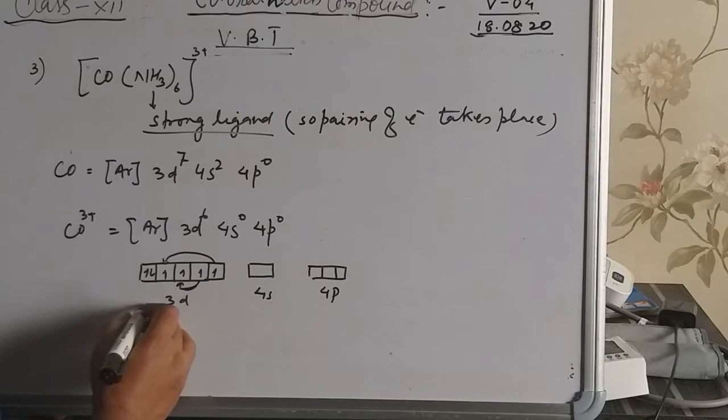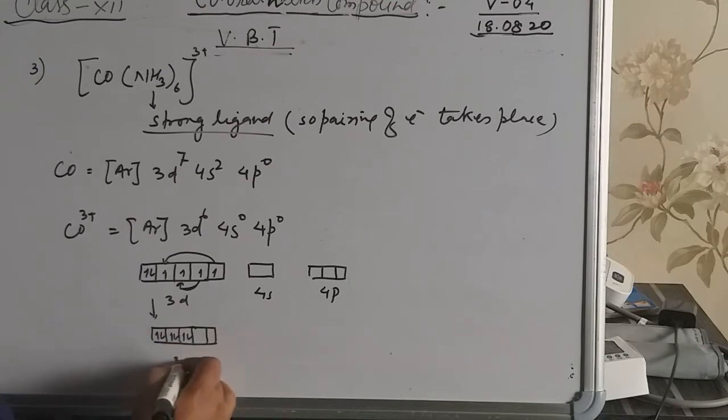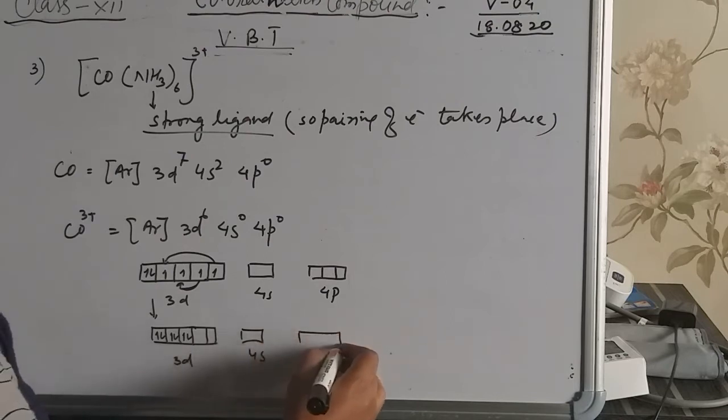So we can find out the two, 4 and 6. This is 3d, this is 4s and this is 4p.